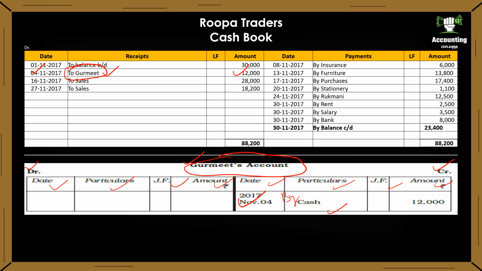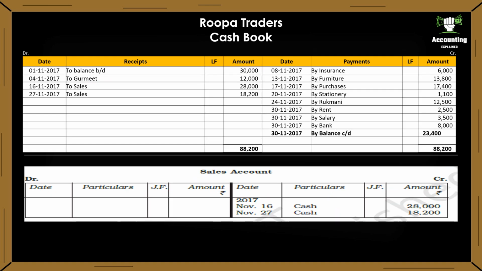By cash 12,000 rupees. The next transaction on the receipt side is 16/11/2017, to Sales, 28,000. So you open the sales account. Similarly, DR on the left side, CR on the right side, and all the 8 columns should be opened.